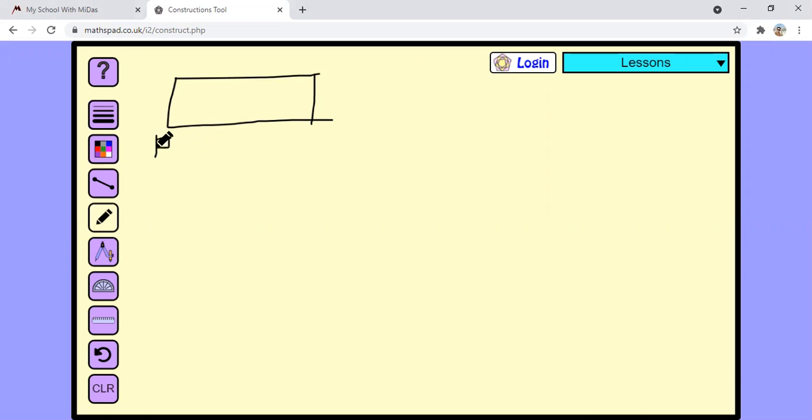I'm showing in this rough figure. PQ is given there, 5.4 centimeter. This side is given 5.4 centimeter, and angle QPR.